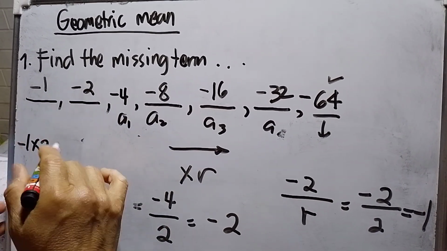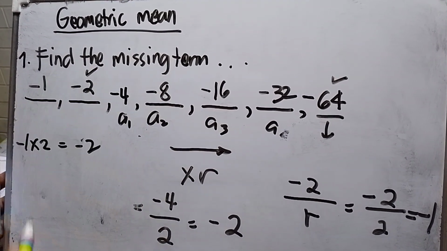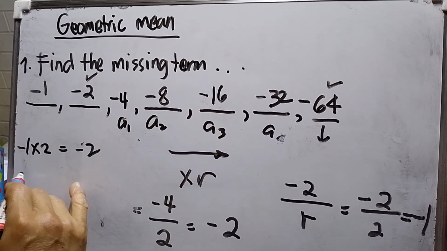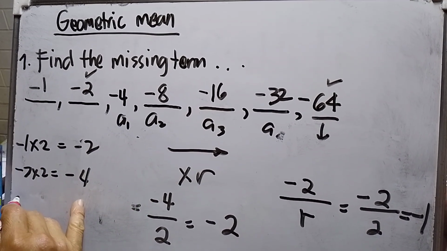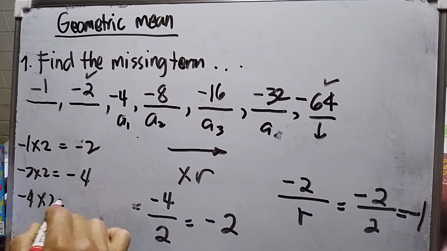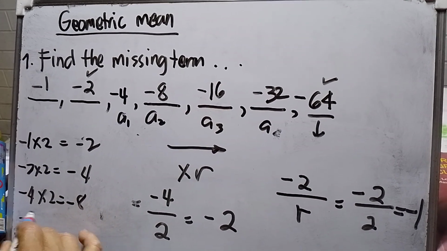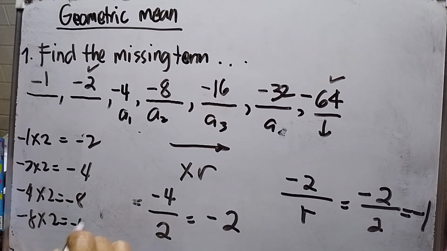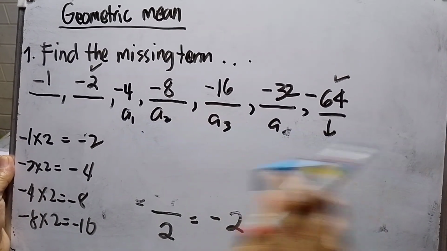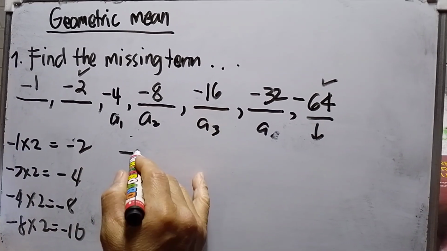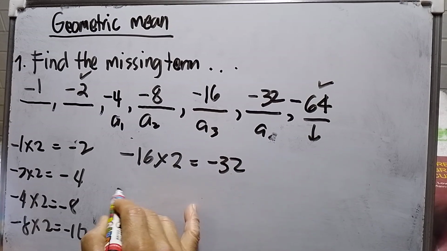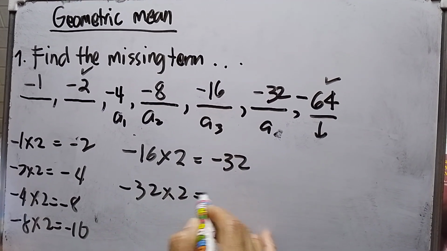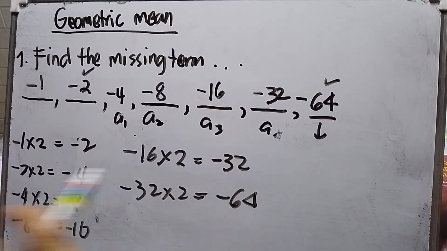That will be equal to negative 2. This is checked. And then check this one. Negative 2 times 2 is negative 4. And then negative 4 times 2, that is negative 8. Negative 8 times 2 is negative 16. And then negative 16 multiplied by 2, that is negative 32. And then negative 32 multiplied by 2 is negative 64. So that's for number 1.